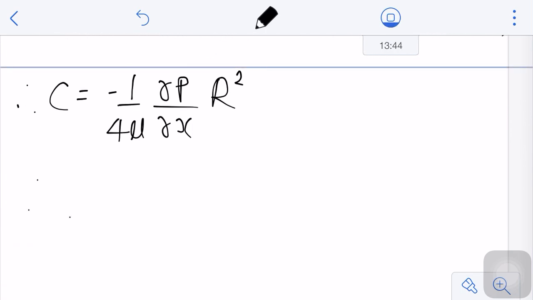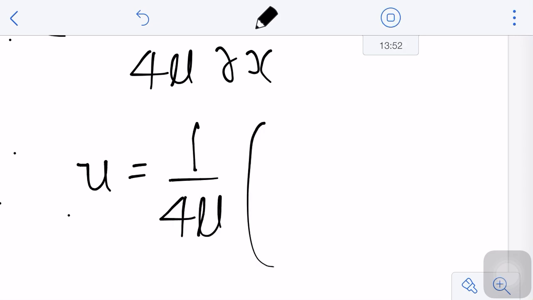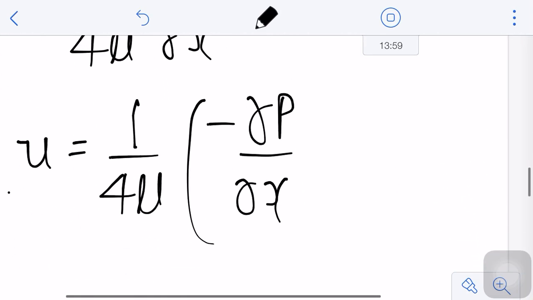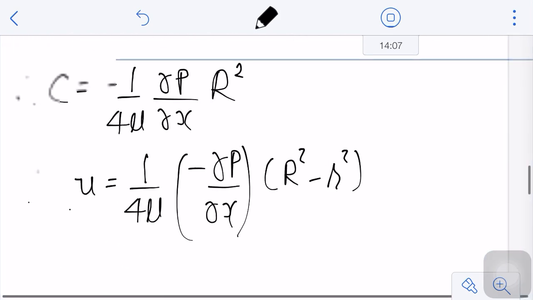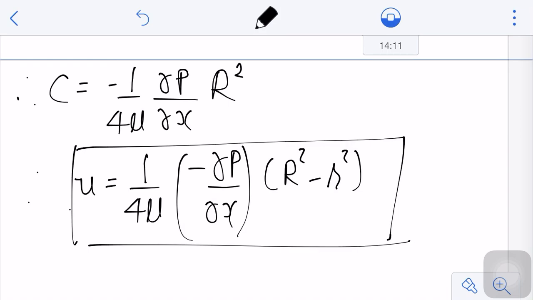Therefore, the equation of u will become equal to 1 upon 4 mu into minus curly p upon curly x into bracket capital R square minus small r square. So, this is the equation which will give you the velocity distribution across the section of this circular pipe.